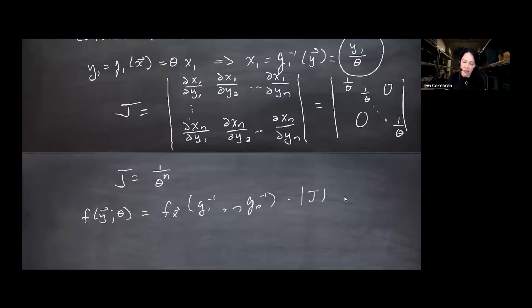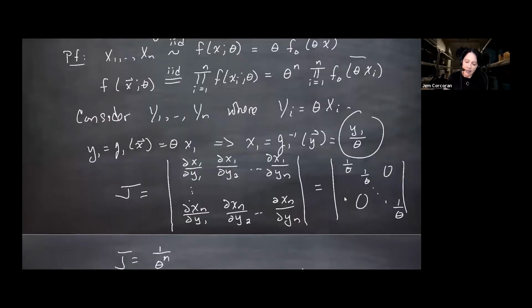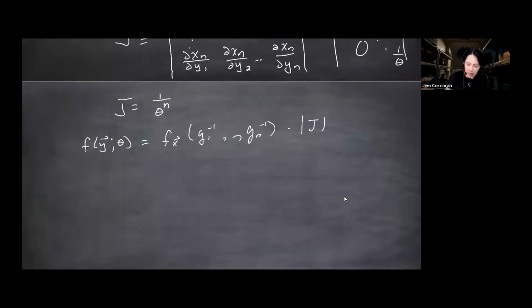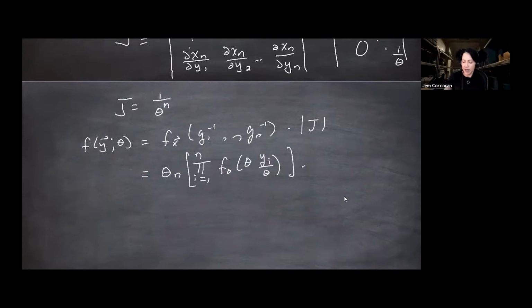Because this is my joint PDF for the x's, this becomes theta to the n, the product as i goes from 1 to n, f naught of theta times yi over theta. And then this whole thing gets multiplied by the absolute value of 1 over theta to the n. And that first theta should be raised to the n.